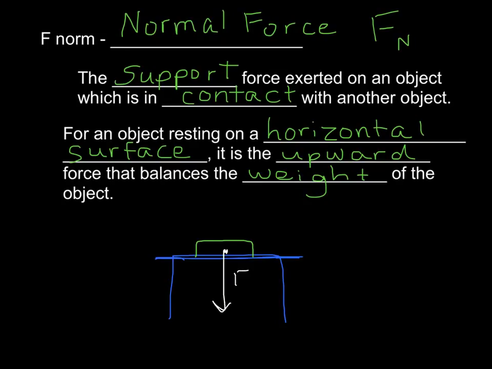And we could label that in the picture with Fg. It also then is being supported by the table. The table is applying a support force. That support gets the special name of the normal force, and that symbol is an Fn, the normal force. And that goes upward because it has to be supporting the book upwards, otherwise the book would fall to the floor.